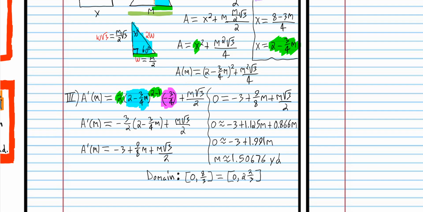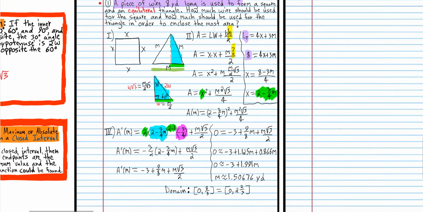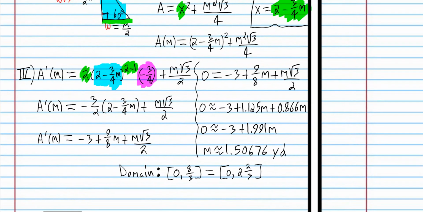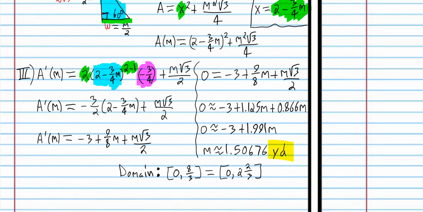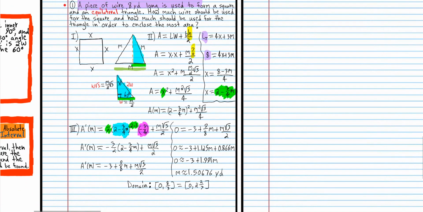So we don't have to use the first derivative test. But if you did use the first derivative test, what you would find is that this yellow value here actually leads to a minimum. We don't want the minimum, we want the maximum. So in this case, the critical number actually gave us something that we don't even want.